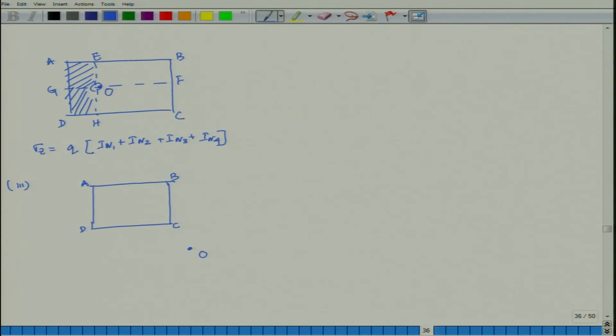Find the stress because of a rectangular loaded area at point O, which is outside this area. Now, what is supposed to be done?